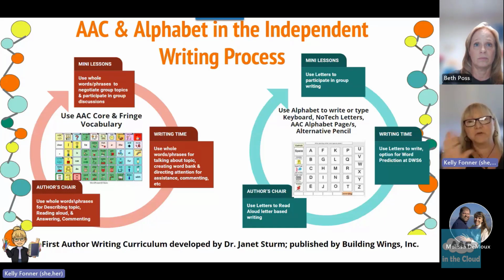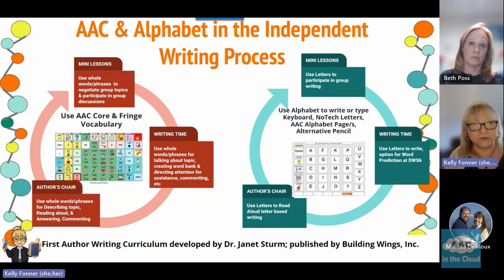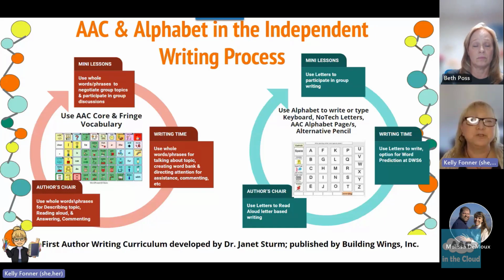And so in the First Author line of activities, there are lessons that you do. Well, during those lessons, kids are going to be using their AAC system, low tech or high tech, to participate. We negotiate what topic we're going to do in our group writing.